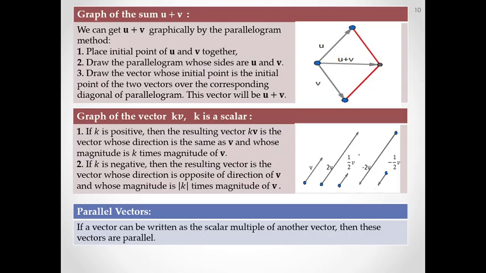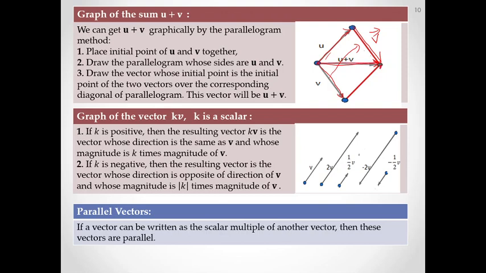What is the geometric interpretation of the addition? If you put your u vector and v vector here, when you add them, you will get this vector. How do you get this vector? There are two ways. You can move v so that u ends where v starts, and it will give you the last one.